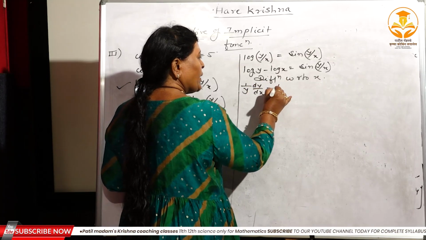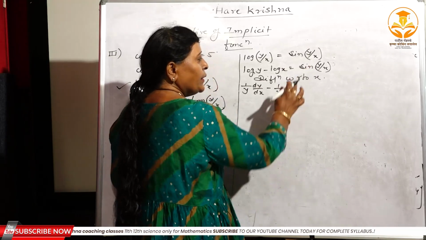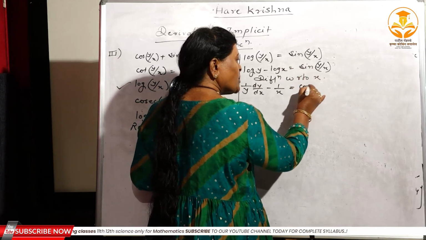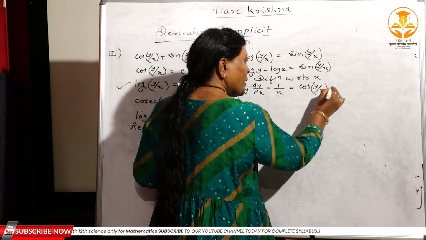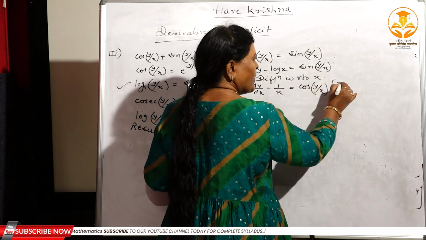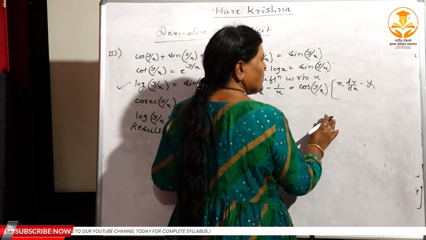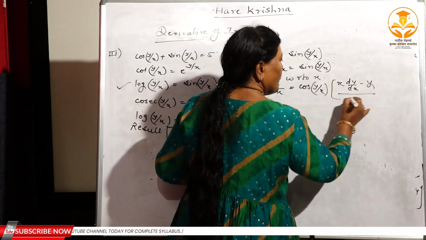The derivative of log x is 1 by x, isn't it? Again, apply the chain rule. The derivative of sin u is equal to cos u, cos of y by x, and here again you have to apply the division rule, y by x. X remains as it is. The derivative of y is dy by dx, minus y remains as it is, and the derivative of x is 1, divided by x square.